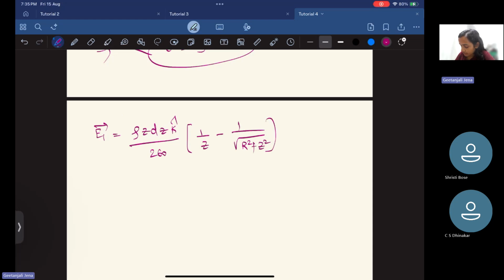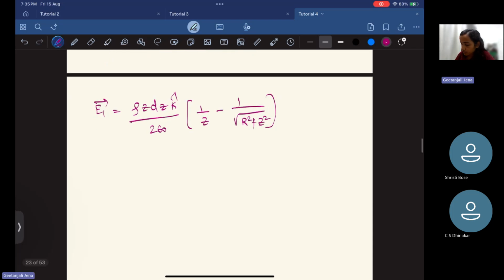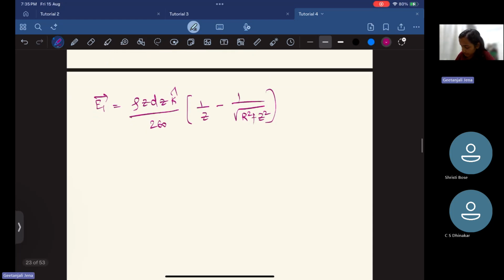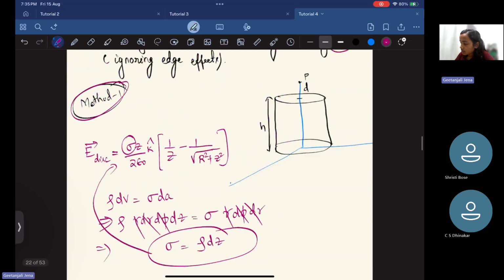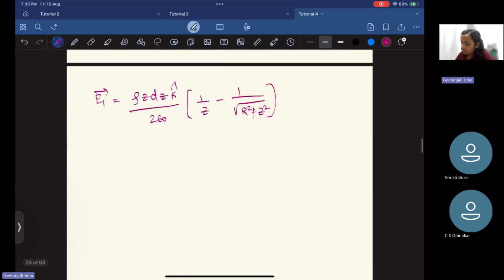This is for one disk, right? To find the total electric field, you have to make an integration so that disks up to height h merge to form a cylinder. So the variable here is dz, which varies from 0 to h.